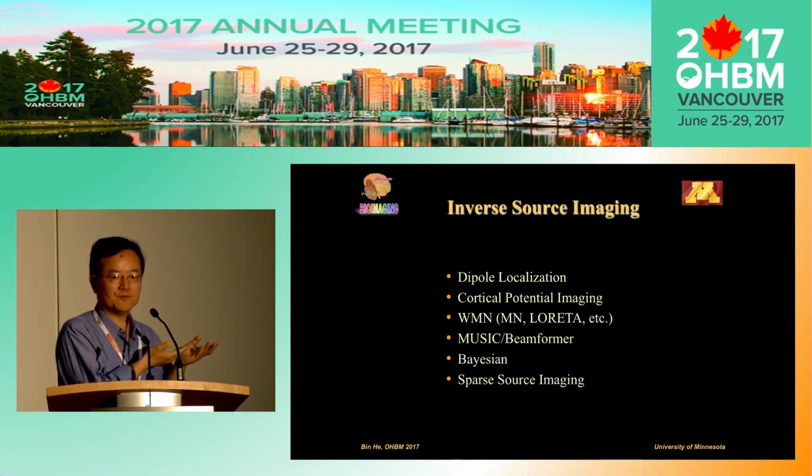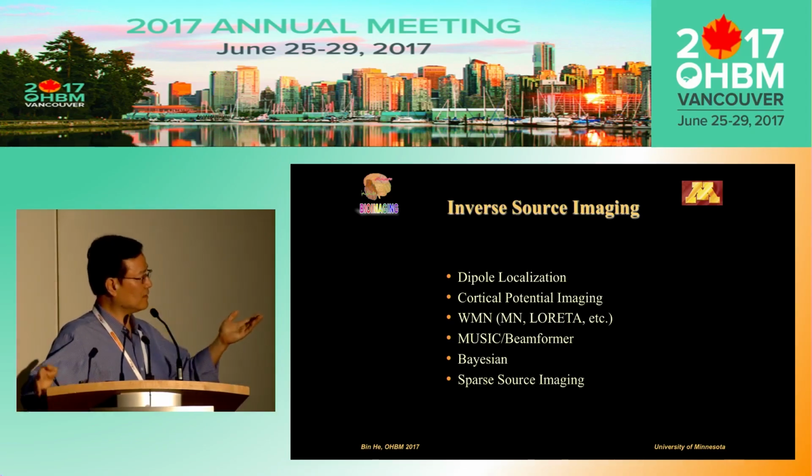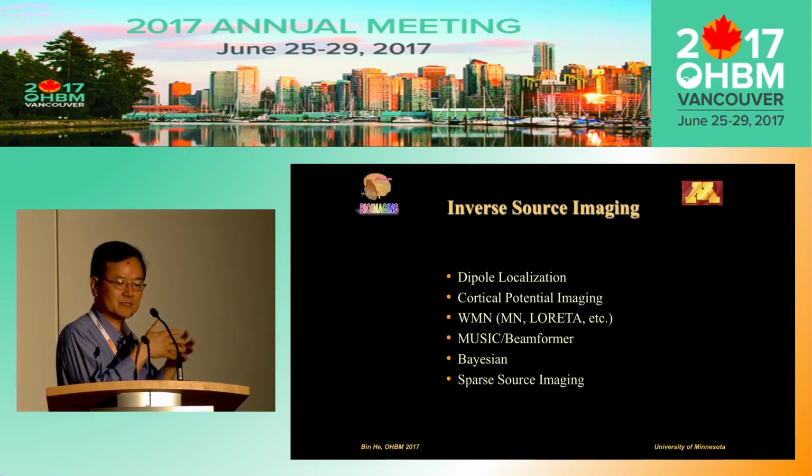Another approach is beamformer or MUSIC type of approach. You know, Leahy, Mosher, and others reported this MUSIC approach, and then there's the beamformer approach. Essentially, it's called a spatial filter. You scan the entire possible source space and get your solution.